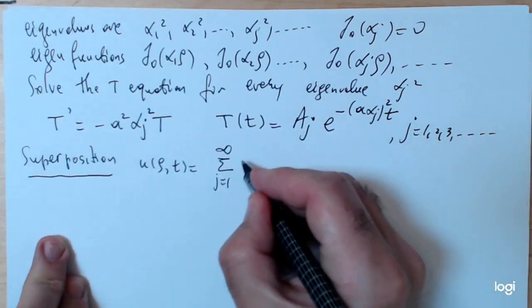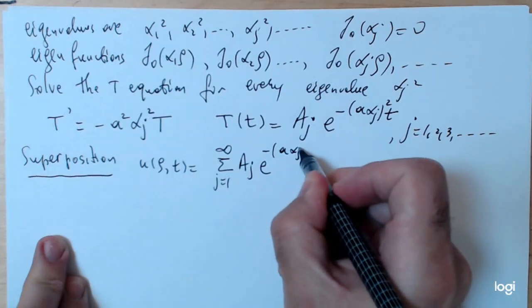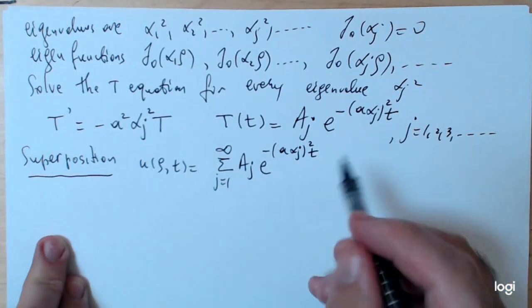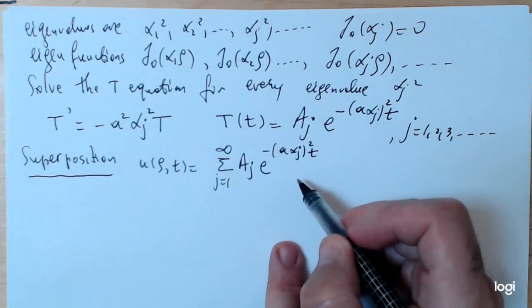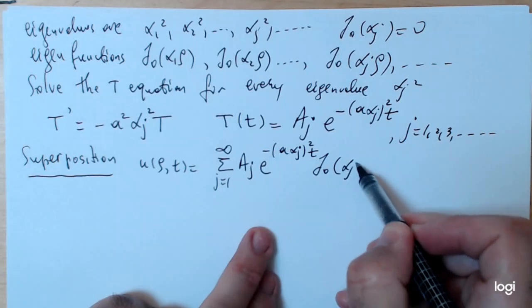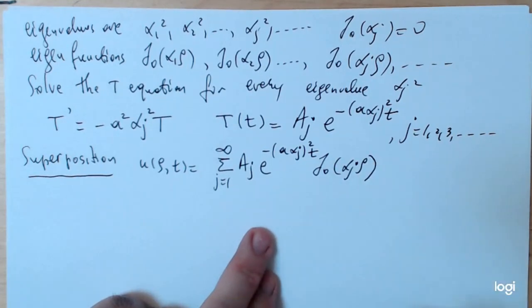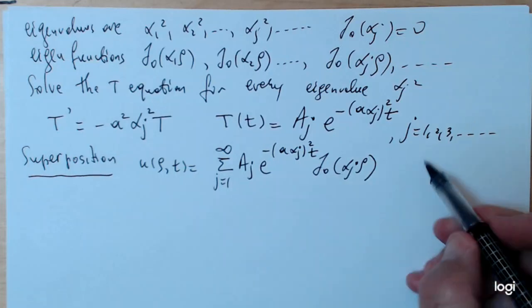Let's start with big T: aj e to the minus a alpha j squared little t times the corresponding eigenfunction, which was J naught of alpha j rho. So this is how our solution will look.